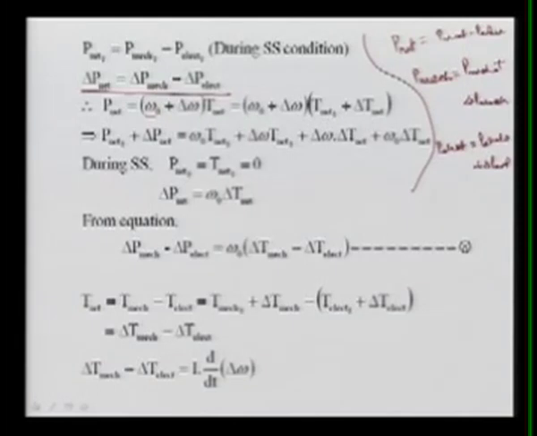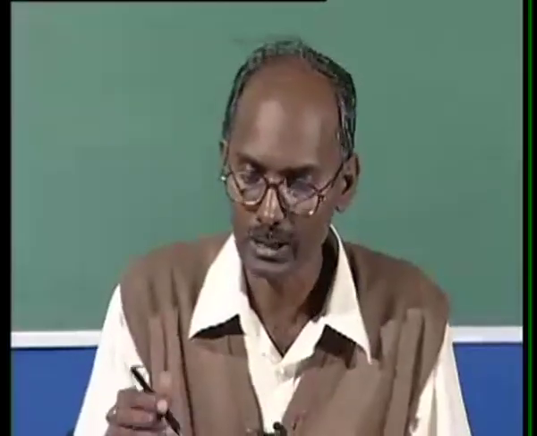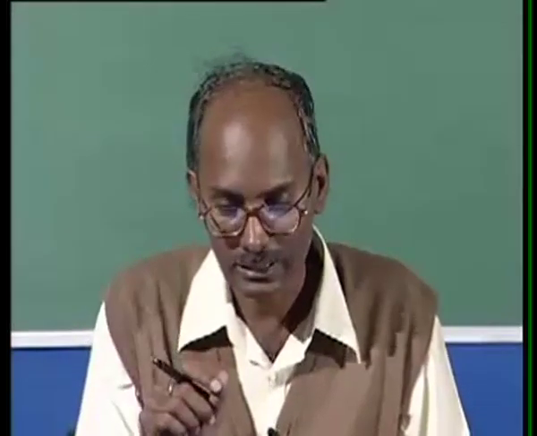This T net is nothing but T net naught, the steady state T net, and in steady state it was 0 because the mechanical was completely equal to the electrical if we ignore the losses. Plus the change in T net, which is the change in T mechanical minus the change in T electrical.